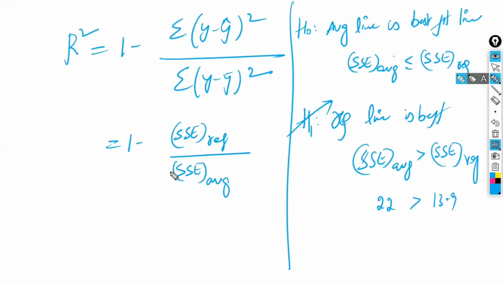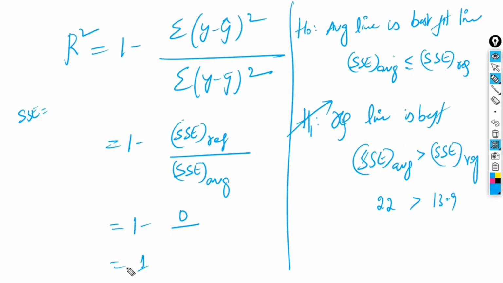Now, what is the maximum you can get for R square? SSE can't be negative, because errors are squared and then added, so you can't get a negative value. Only a positive value is possible, and in the least case, 0. So 1 minus 0 is the best you can get. 100% is the maximum accuracy.